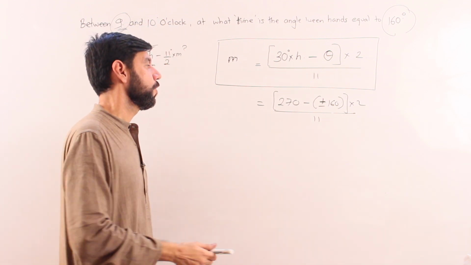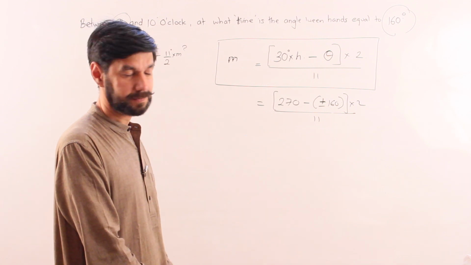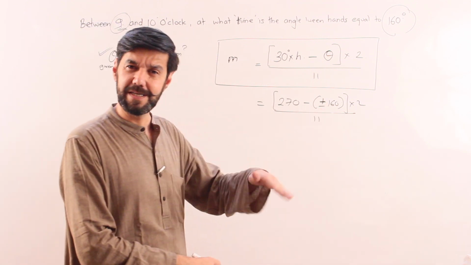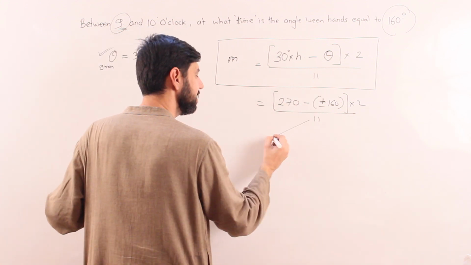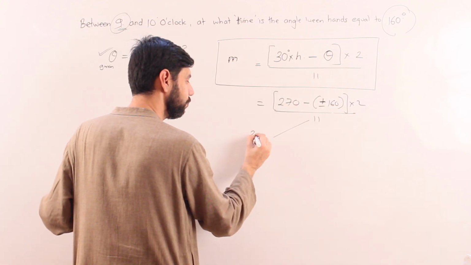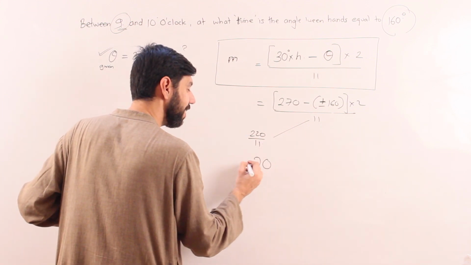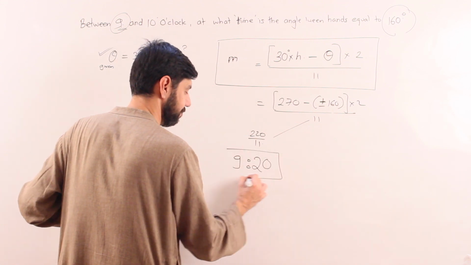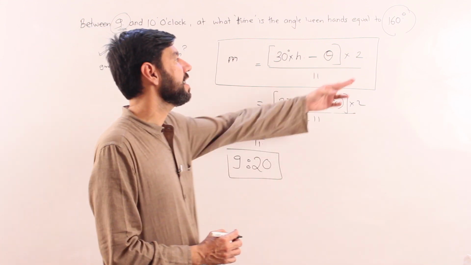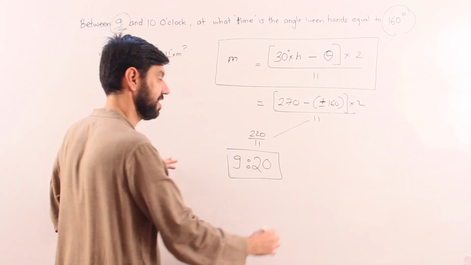So 270 minus 160, 110. Double 110 is 220 by 11. Wow. This is a very nice value. Yes, you occasionally get very nice values. At 9:20, the angle between the hands is going to be 160 degrees.